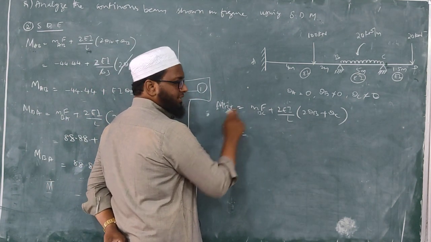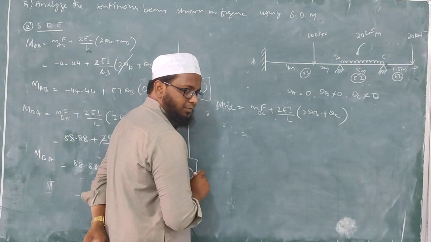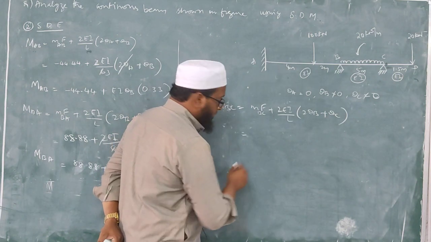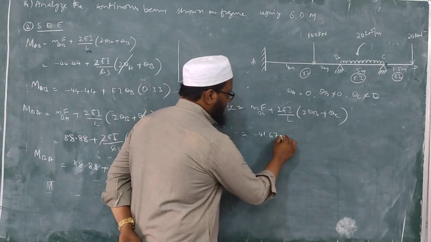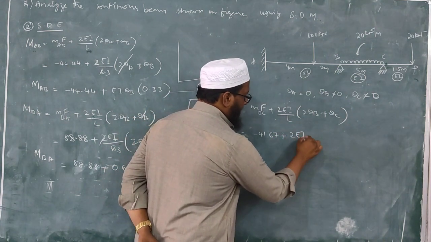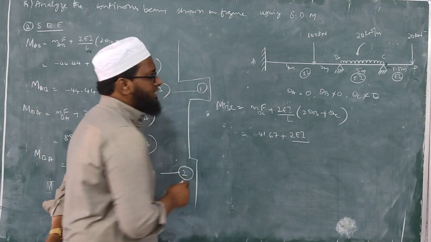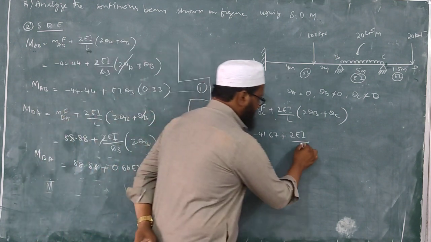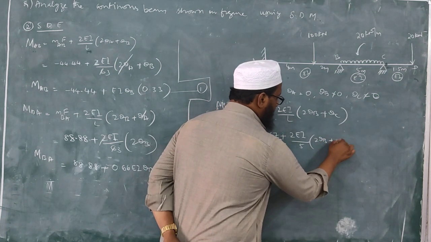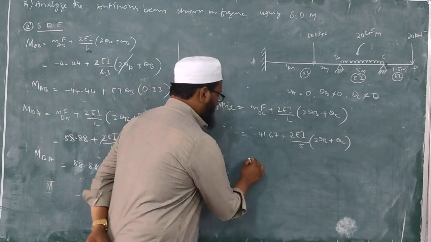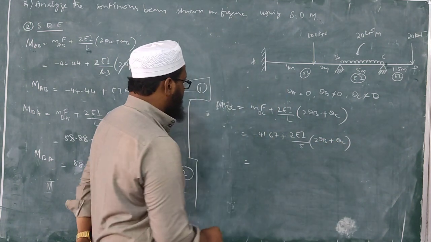MFBC is minus 41.67 plus 2EI by L. What is the span of BC? 5 meters. Into 2 theta B plus theta C.